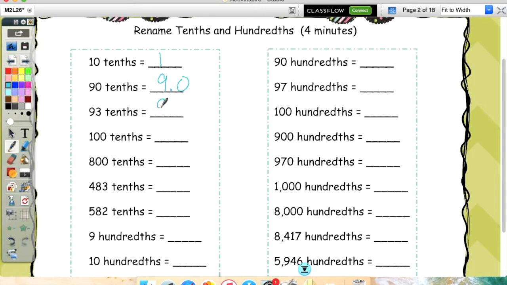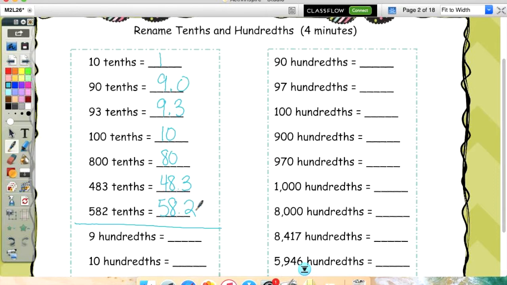Okay. 93 tenths. Do you want to finish the rest of the tenths? Yeah. So go to here and then stop. Okay. Did I do it right? Yep. Okay.